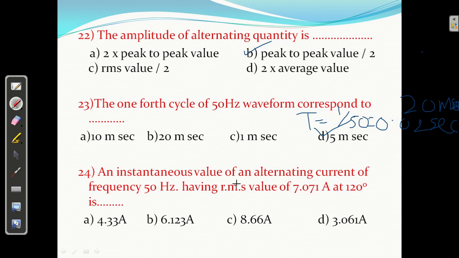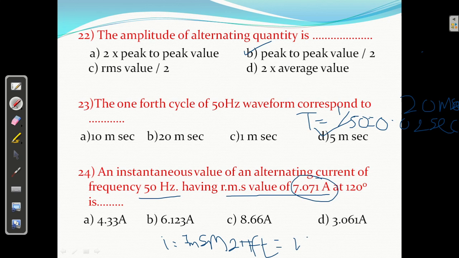24. An instantaneous value of an alternating current of frequency 50 Hz having RMS value 7.07 ampere at 120 degree. So we know I equal to Im sin 2 pi f t. ओके, तो RMS वैल्यू अगर 7.07 है तो मैक्सिमम वैल्यू कितनी होगी? 7.07 into √2, 10.